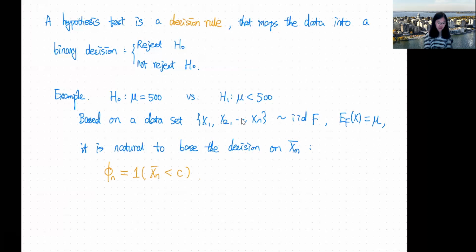And in this example of the battery runtime, it is reasonable to reject the null hypothesis when the estimated runtime is too small.